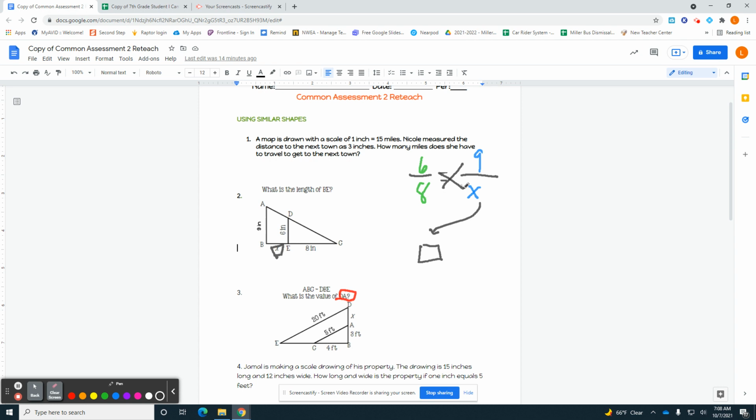So after you solve your proportion, you're going to get an x value. Whatever x value you get, you're going to put in here and you're going to subtract 8. And that is going to give you this x value. Because remember, this blue x value is going to be the length from B for BC. And this x wants to know the value for BE.